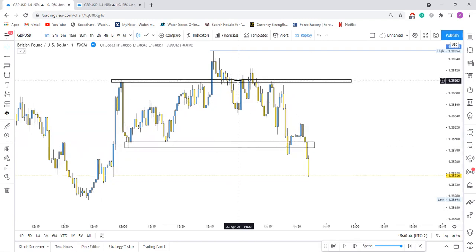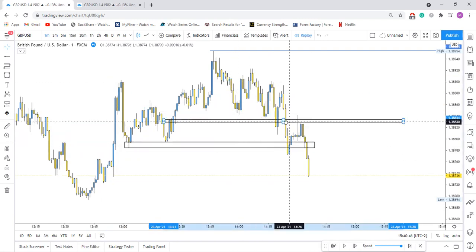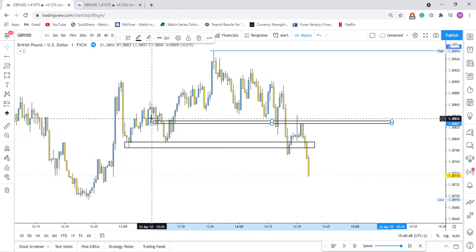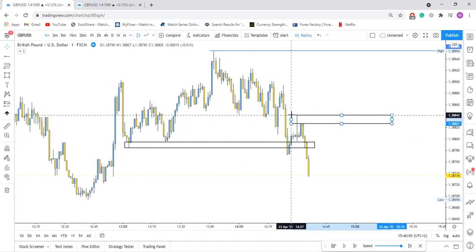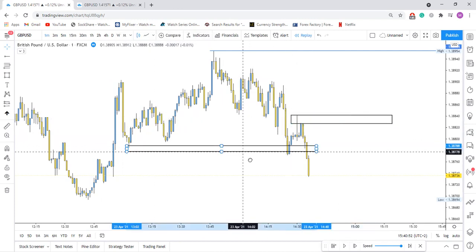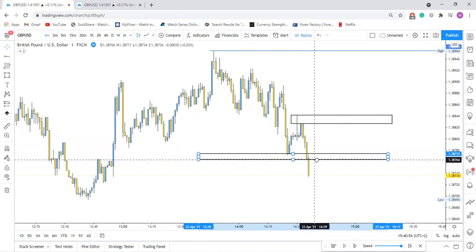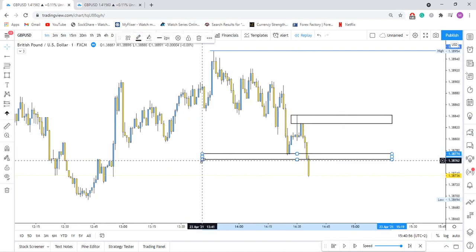Okay, there we go. That's looking quite nice. That is looking really, really nice. Pull it from the body to that wick into this.